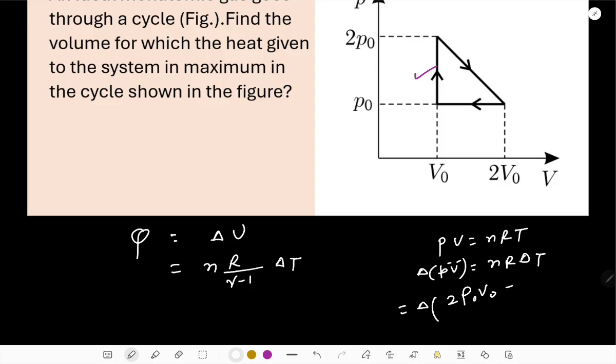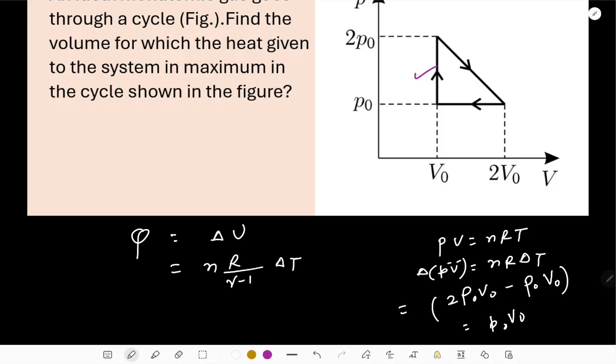Here the pressure is P naught and volume is V naught. So delta PV is simply this, and that is equal to nR delta T, and this is simply P naught V naught.